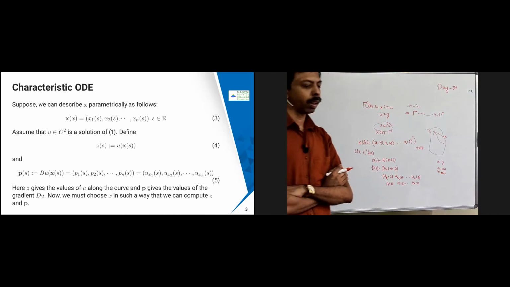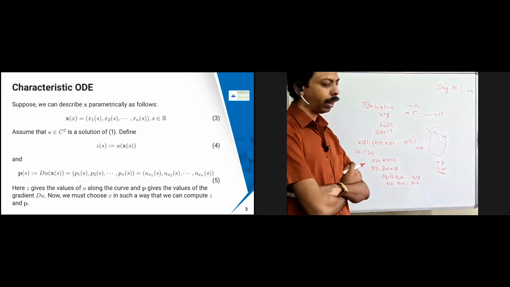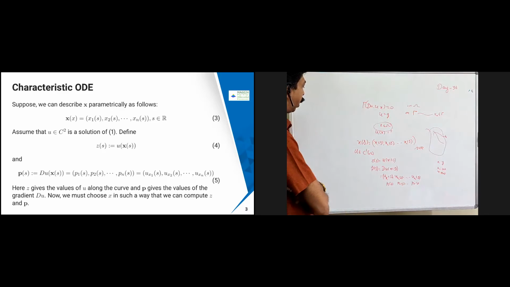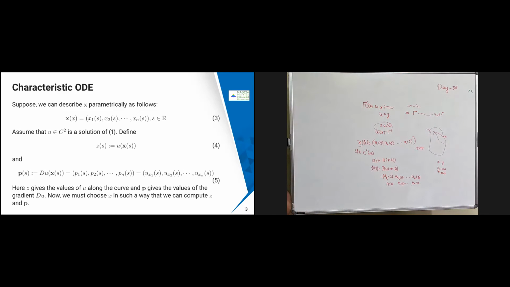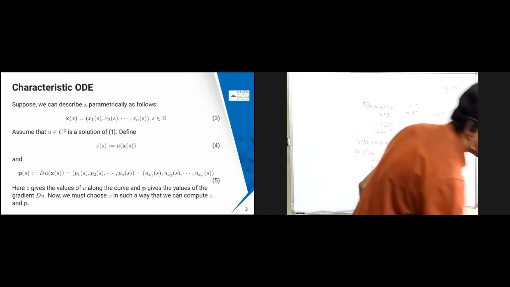Now what we need to choose is our x in such a way that we can compute z of s and p of s. We got to choose our x so that z of s and p of s are computable. Let's see whether it is possible or not.